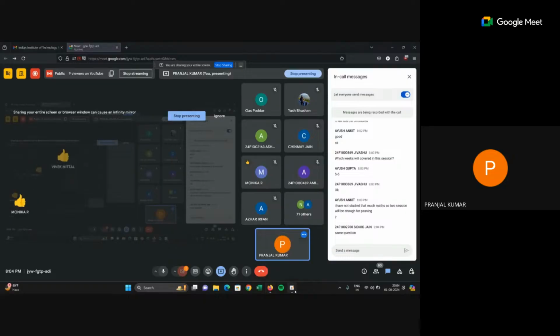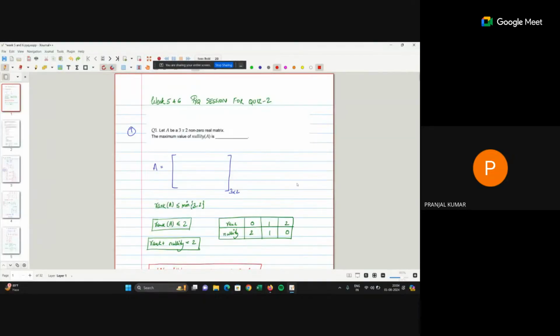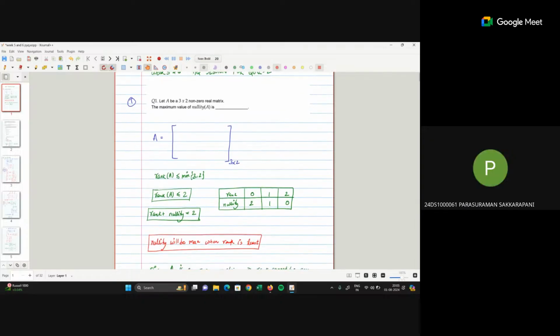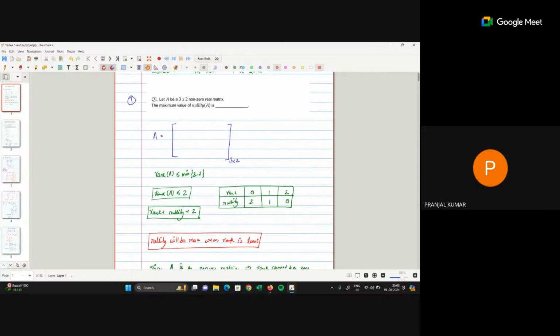Okay, can you see my mouse pointer? No, sir, it is not visible.